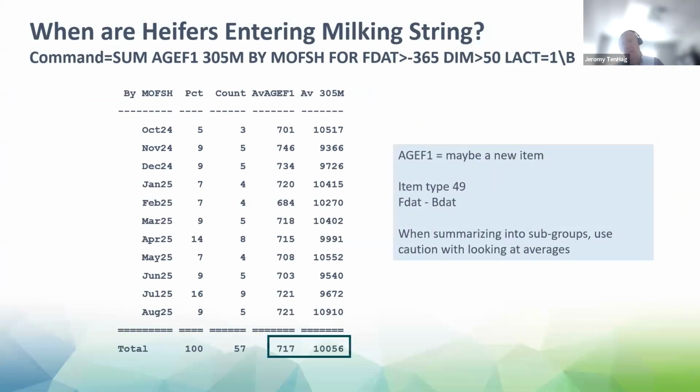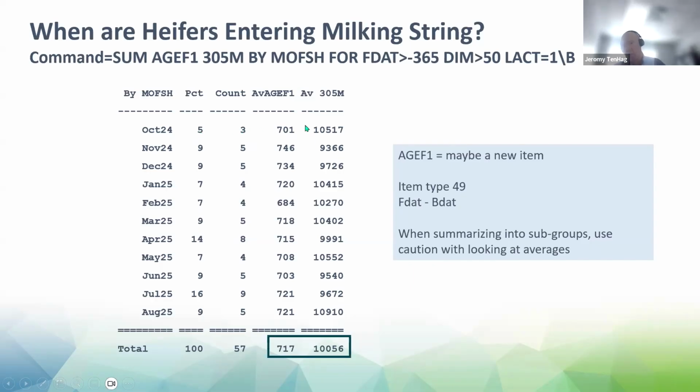Here we can get more of a time trend instead of an age trend. So we're looking at cohorts of first lactation animals fresh month by month. For example, that top row, 3 lactation 1 animals freshened in October 2024. That's 5% of the total.